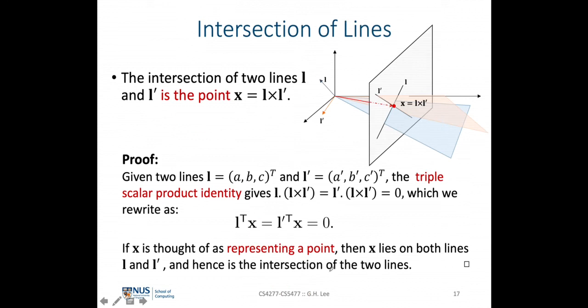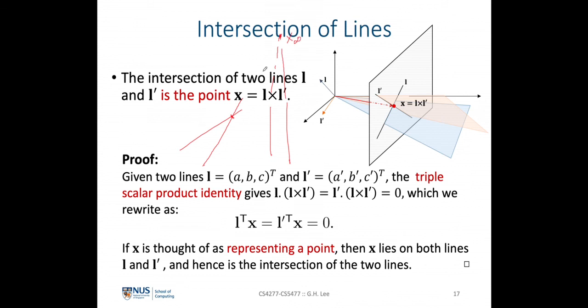Now, the intersection of 2 lines in the 2D space will always give rise to a point, because any 2 lines are always going to meet at a certain point, and we will see that this includes parallel lines, which we mathematically define to intersect at infinity, at a point at infinity.